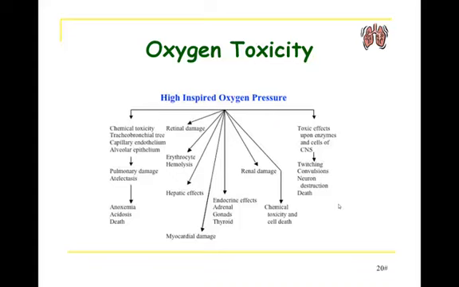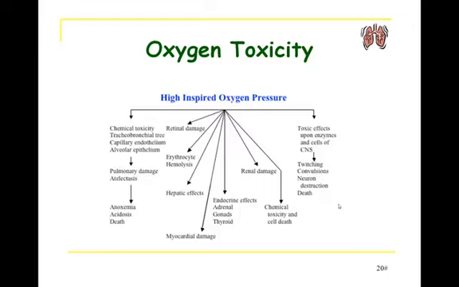Usually acute oxygen poisoning occurs if you have exposures to oxygen levels of about 4 atmospheres. If you're exposed to 4 atmospheres of oxygen, you can't be there for very long, 30 to 60 minutes, and you'll start having problems.